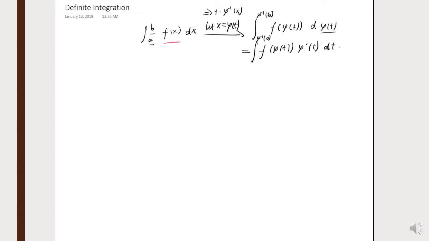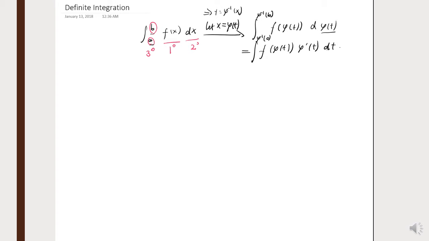Okay, the first thing we need to change is, of course, f(x) itself. And don't forget to change the corresponding integration variable from dx to dt. And then we have to change the integration range from the range about variable x to the range about variable t.